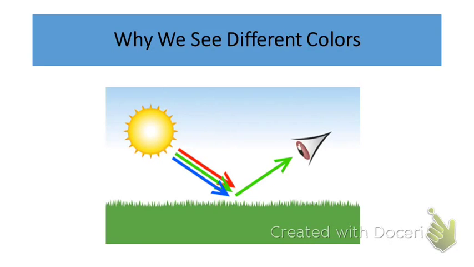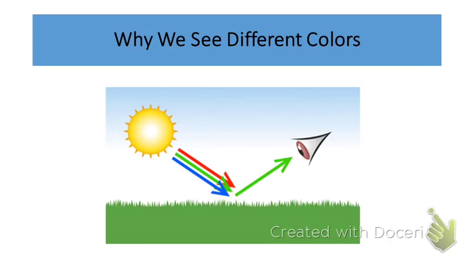So the first way in which we see color is pretty simple and straightforward. So we're going to use this diagram as a way to represent this first idea of color. We have a sun. The sun is going to emit light, all electromagnetic light, and a lot of it will pass through our atmosphere and hit Earth.